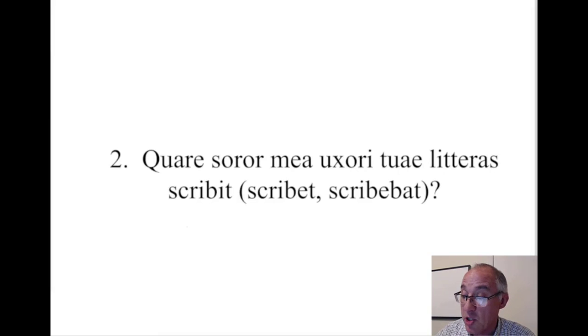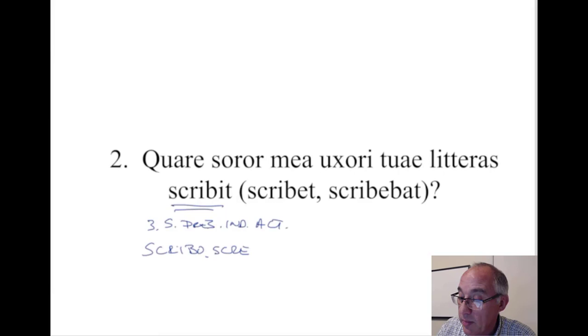Wheelock provides other options, scribet, scribebat, so you can see the use of the third conjugation and the difference in the tenses. So, scribit is the verb. It's the third person, singular, present, indicative, active, from scribo, scribere, scripsi, scriptum.